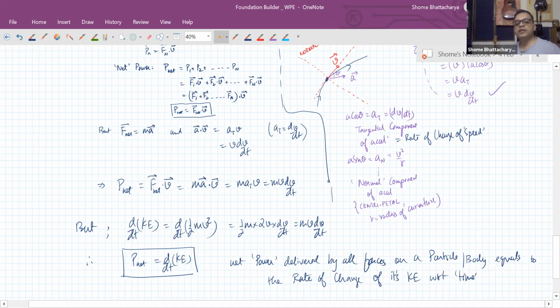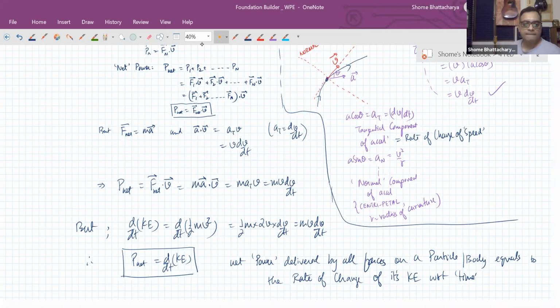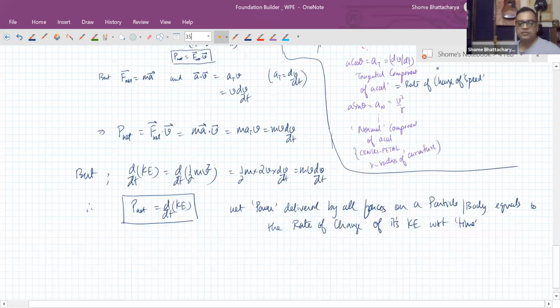So this is the concept of net power, which is important. I'll just minimize this a little. Make sure you understand all the terms over here.